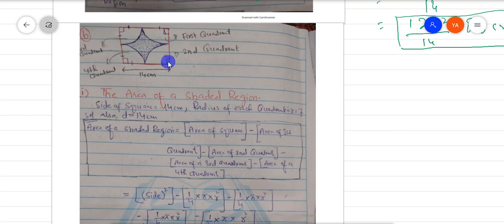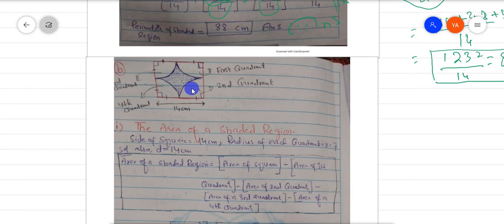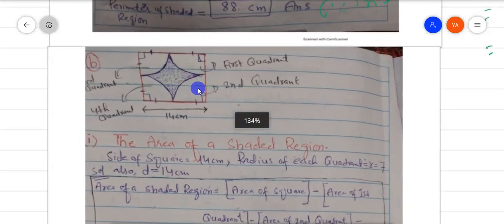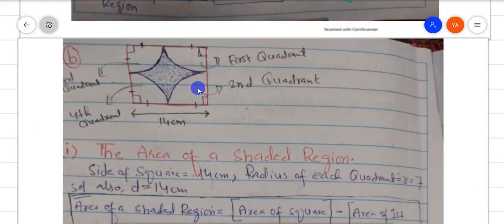The question number 3 is our second problem. In this problem also we have to find the perimeter and the area of the shaded region. So this is a circle, this is a square, and the formula for the area of a square is side into side, then it will be side square.